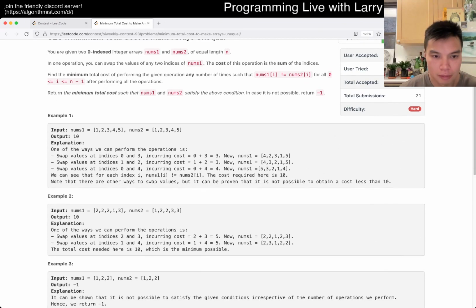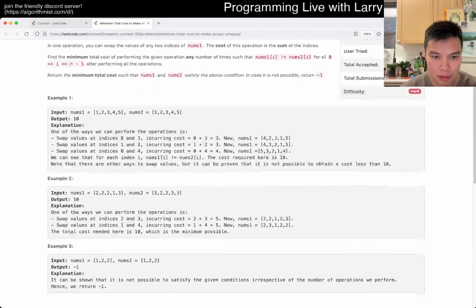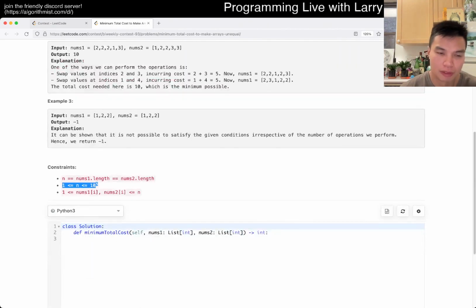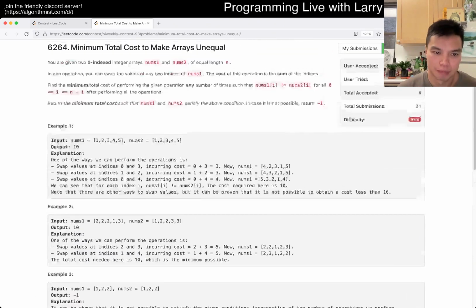And they don't even have to have the same elements. So okay, N is 10 to the 5th, so it's not DP.